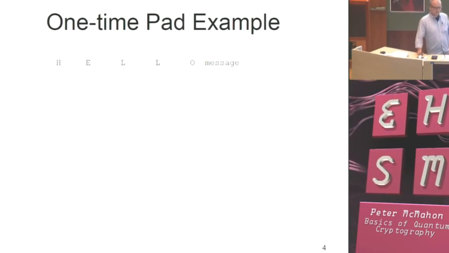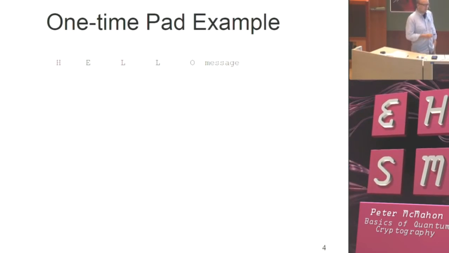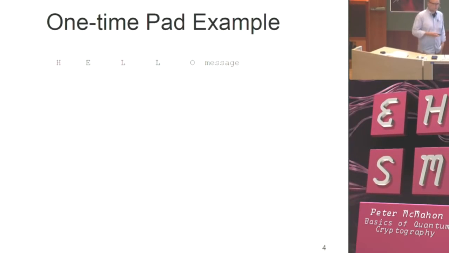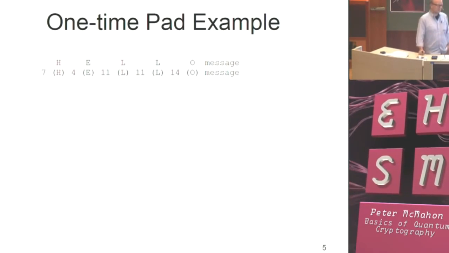So I've taken an example from Wikipedia here, and it's a very simple protocol, so I'll walk you through it. If you want to send the message, for example, hello, you can imagine having some encoding for the letters here. The simple encoding that they use in this example is just where A is 0, Z is 25, and so on. So your message is now numbers.